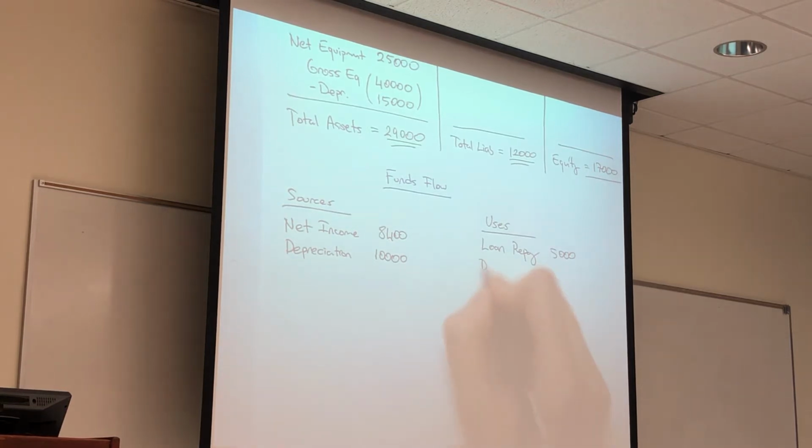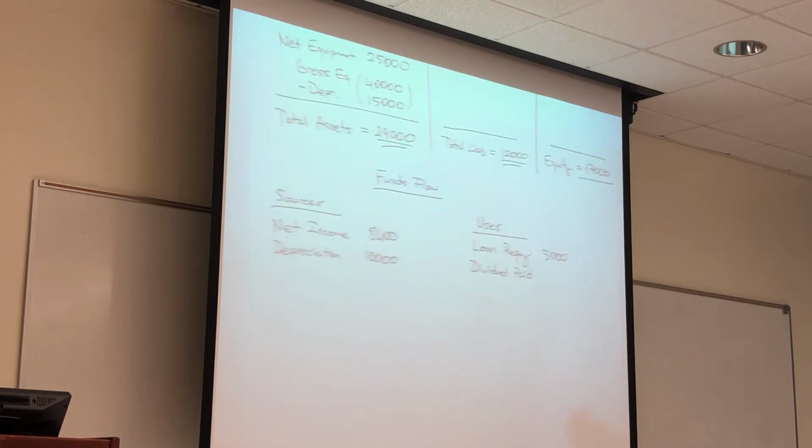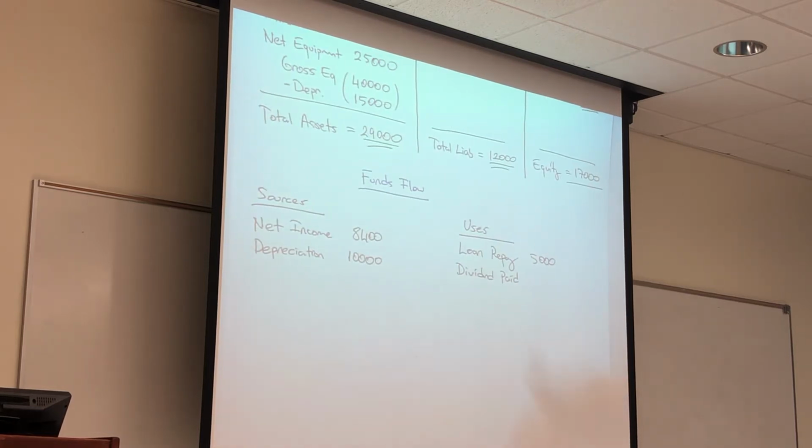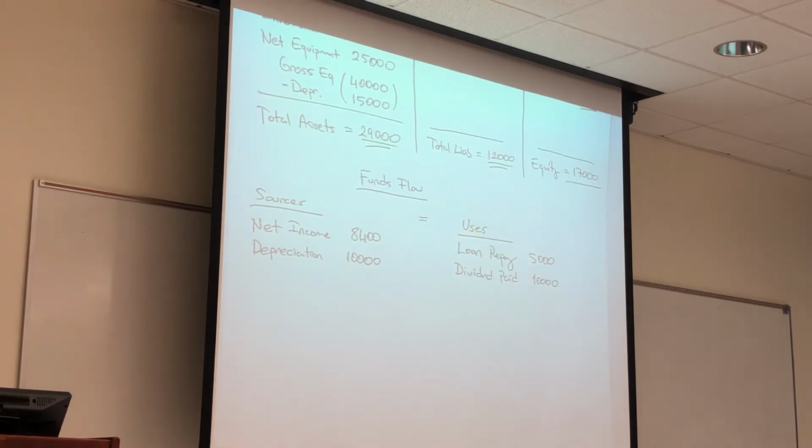Dividends paid. We paid the money, so the dividends paid is going to be 1,000, right? And these all should be equal again. Oops, my bad. Should be 1,000. So now we have the increases and the decreases. They could be different. So let's go one by one, right?